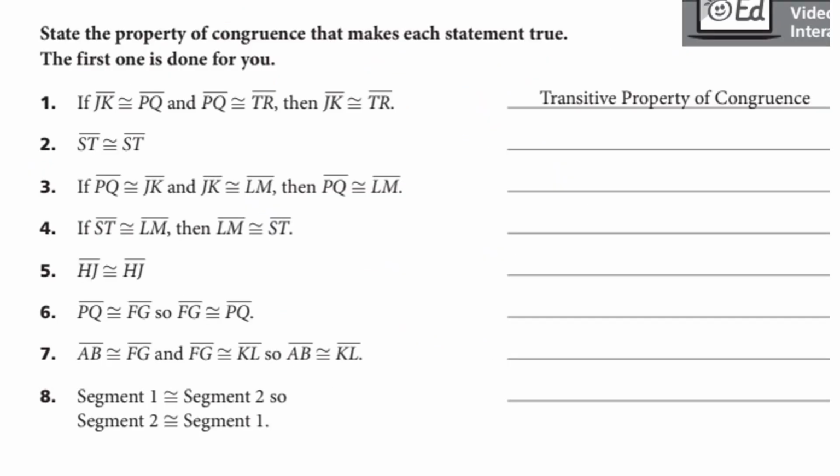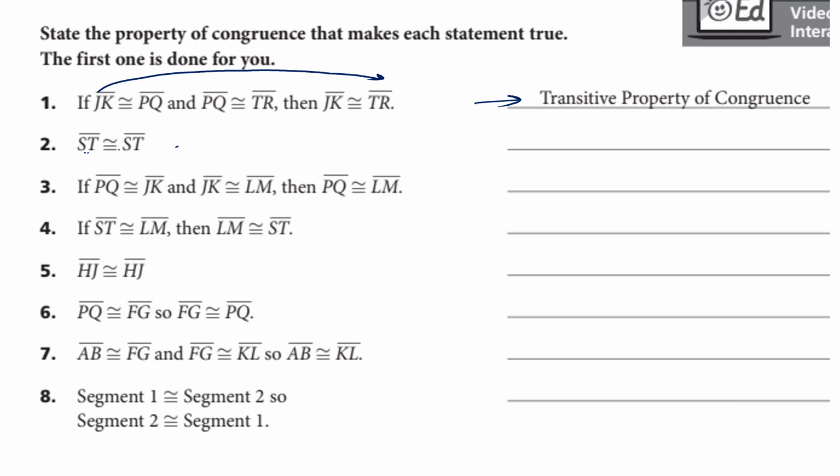Next question. State the property of congruence that makes each statement true. So if JK is congruent to PQ, PQ is congruent to TR, it means JK is congruent to TR. So what is the name of the property? Transitive. Now ST refers to ST. So which property is it?